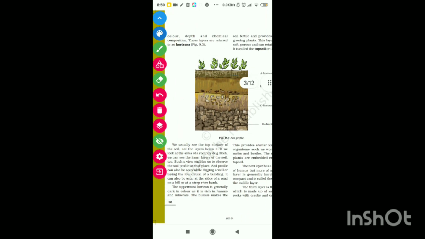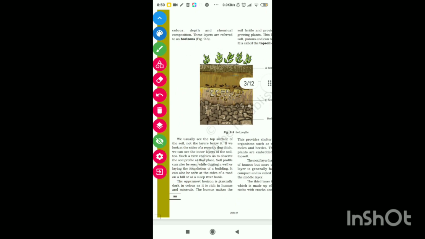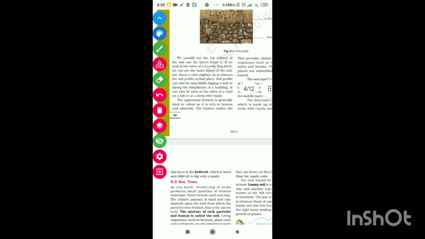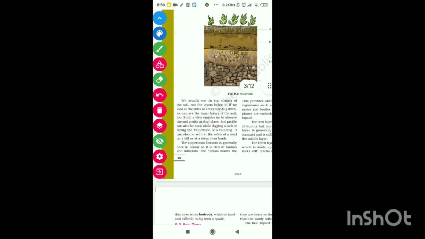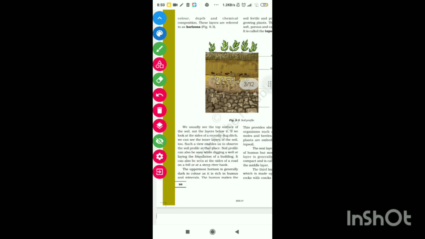You can see in this figure it is full of rocks, so it is very difficult to dig under it. You can come to know about this in a game which is Minecraft. So let's go to the next topic.